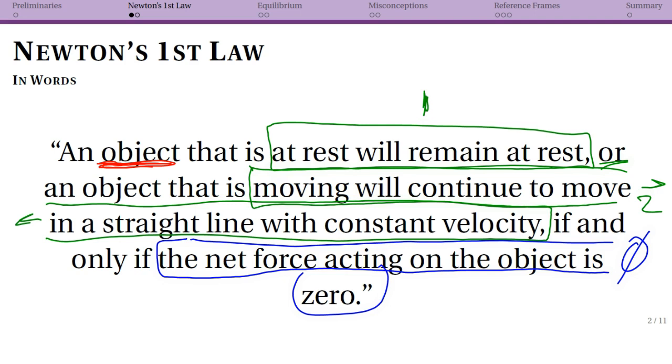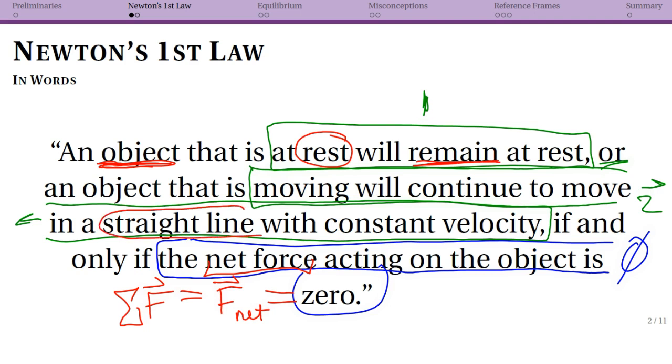So there are two conditions to worry about, and in either condition, the net force acting on the object is 0. And I'm just going to remind you that when we talk about net force, we might say this is the sum of all forces, or we might just write it as F sub net, where these are the same thing. So just total forces. And in this case, we're saying that it's equal to 0. So at rest, remain at rest, or constant motion in a straight line with constant velocity.